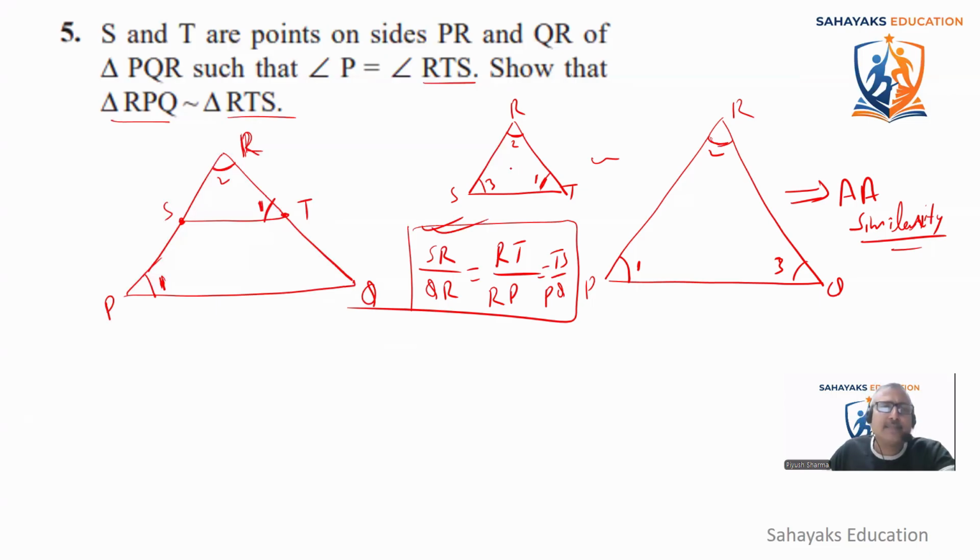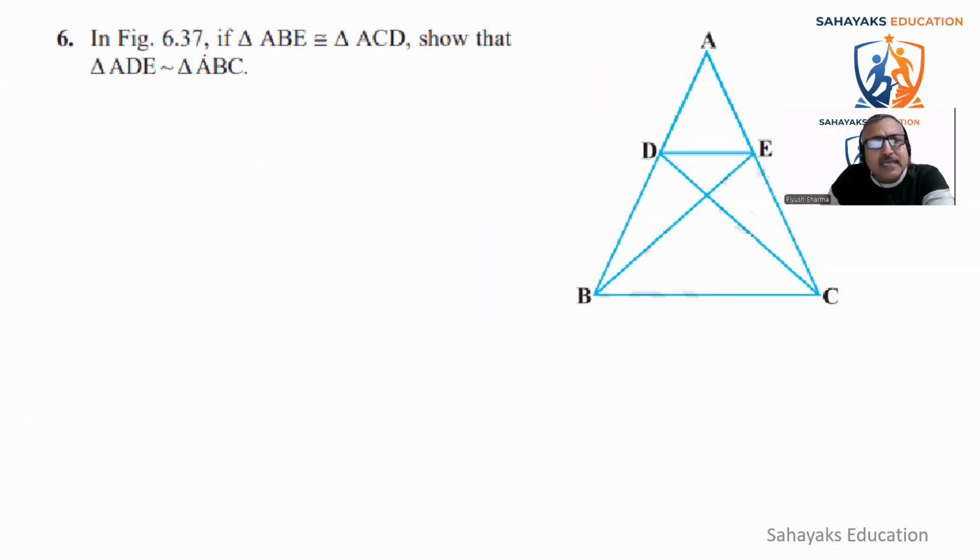Okay, coming to next. In this question, it is mentioned that triangle ABE is congruent to triangle ACD. So triangle ABE, this triangle, is congruent to triangle ACD, this triangle. These two triangles are congruent.